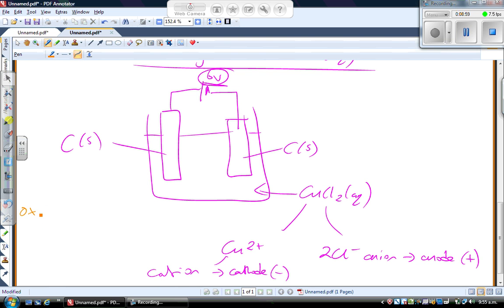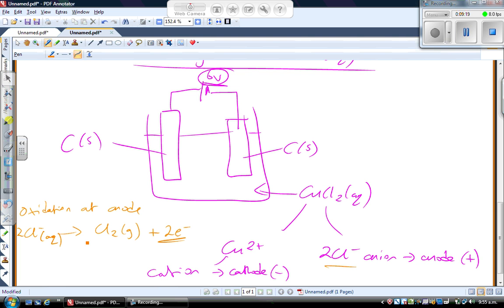So oxidation occurs at the anode as follows. You're oxidizing your chloride ions, so you have Cl- going to Cl2 gas. You want 2 of those there. You want to balance your charges, so you have 2 electrons here, which is your oxidation.